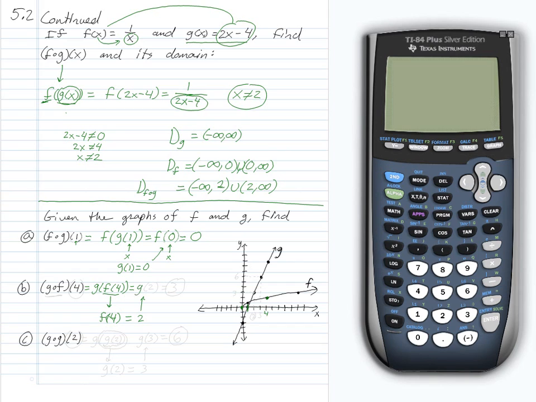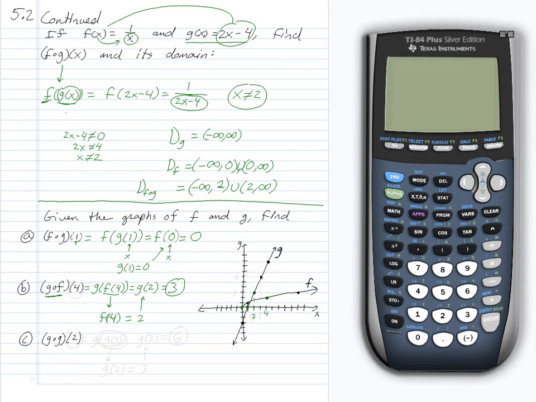This is g of 2. Now if we look on the graph of g, switching to the linear graph, if we come over to 2 and come up to our graph, we're at a height of 3. So without even knowing what this function is, simply by knowing what it's supposed to do, we're able to use that theory to evaluate that function at the value of 4.